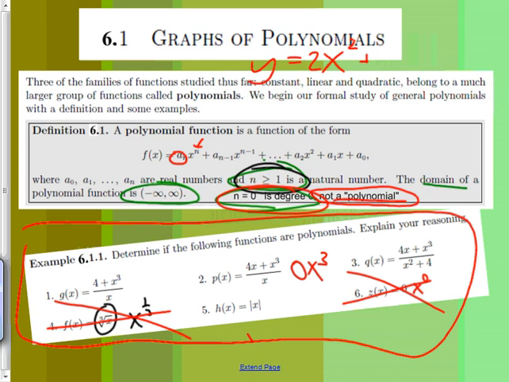I can't have a 0 here, or if I do have a 0 there, it's not a polynomial. So you can't do this, 0 times x to the 5th, because that would mean that's not a polynomial. It's defined right in there.